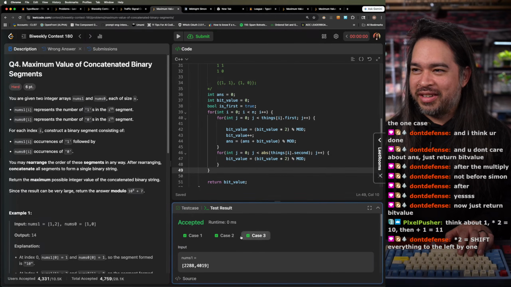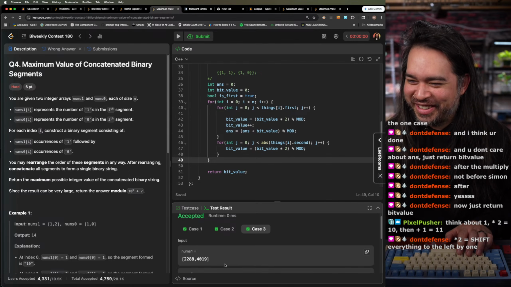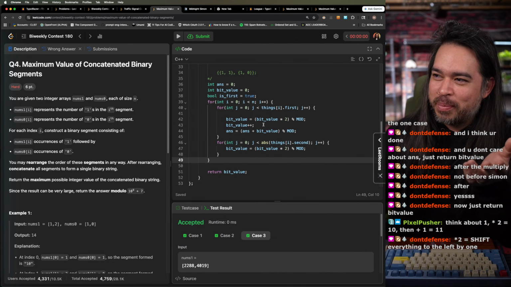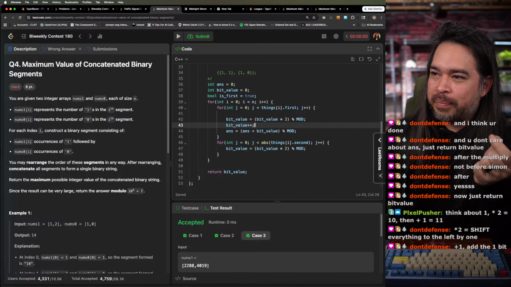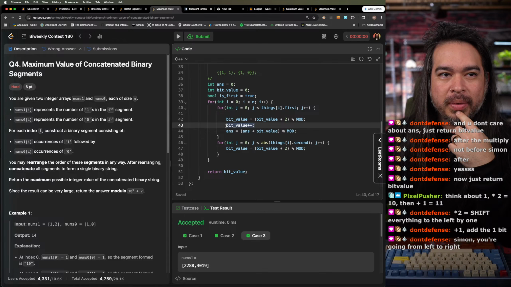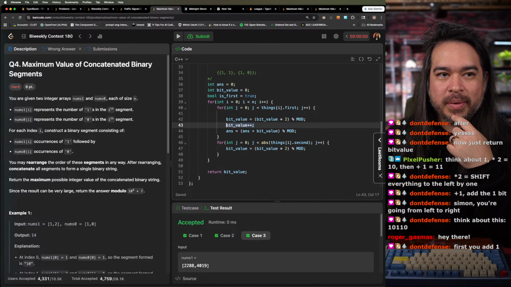Hold on. What is this? Am I tripping or what? Think about 1. Times 2, shift everything to the left. Yeah, I get that. Plus 1, add the 1 bit.